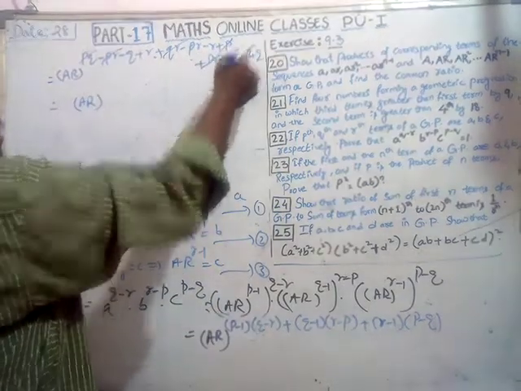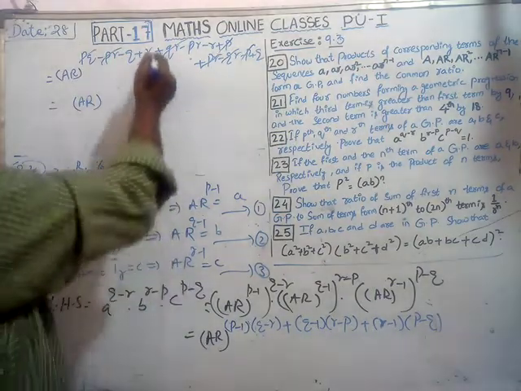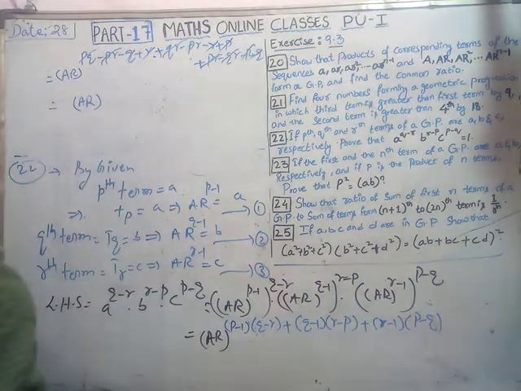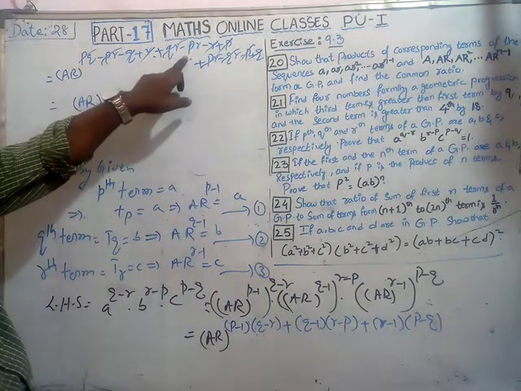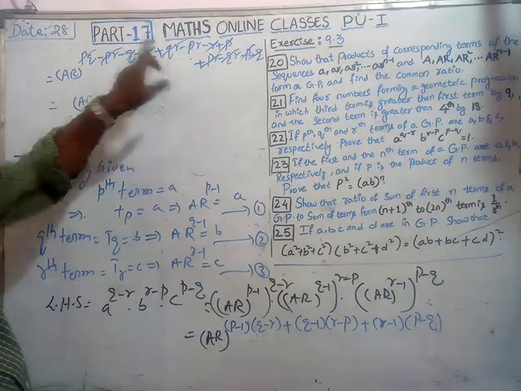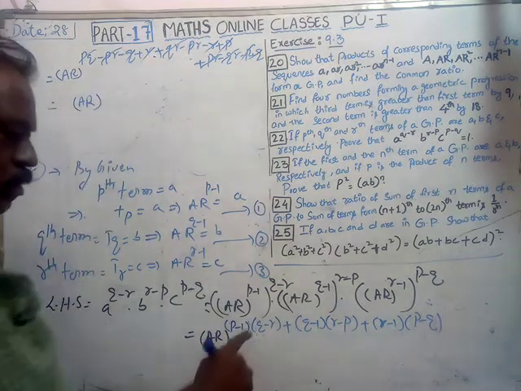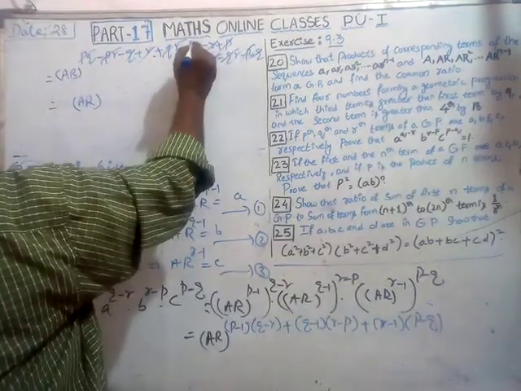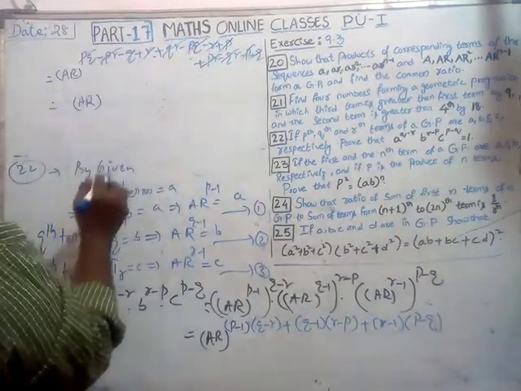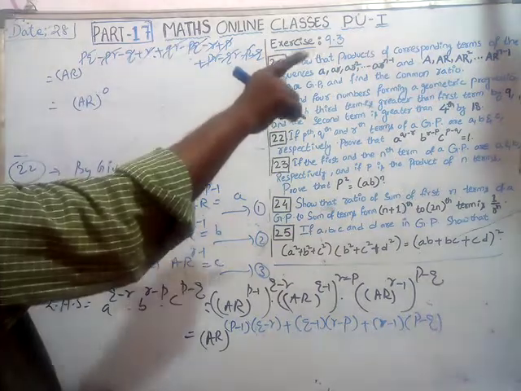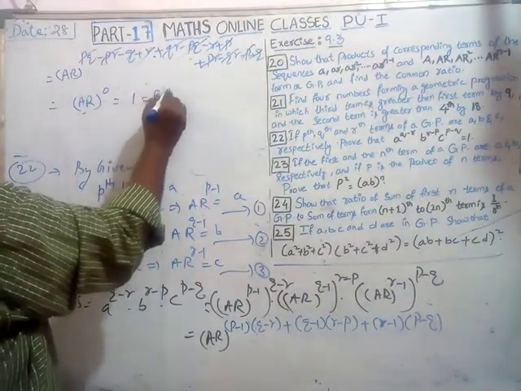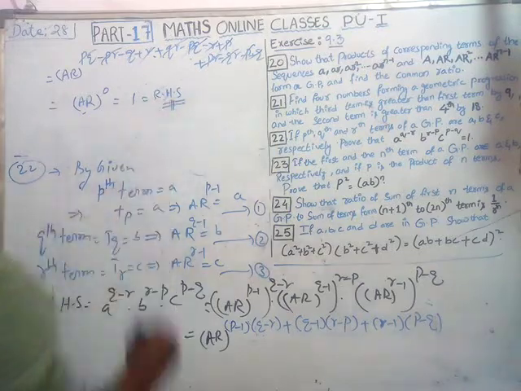This P cancels. This R cancels. And this Q also cancels. PQ also cancelled. So totally it is cancelled. Anything power 0 is 1. That is the RHS.